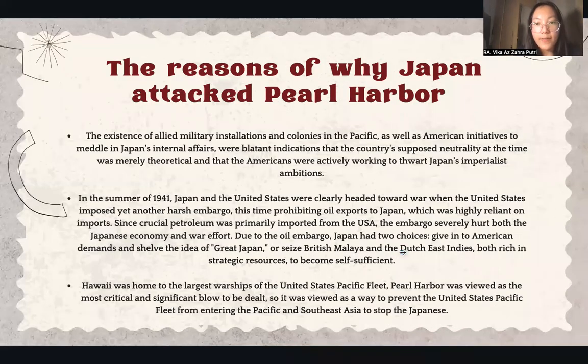And next, the reason why Japan attacked Pearl Harbor. So, we summarize the three reasons why Japan attacked Pearl Harbor. The first one is the existence of Allied military installations and colonies in the Pacific, as well as the American initiative to meddle in Japan's internal affairs.